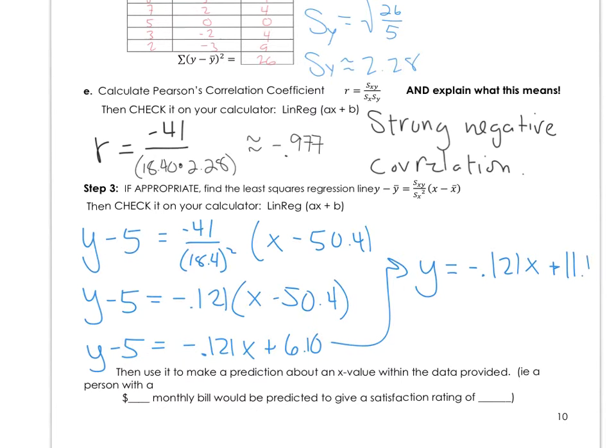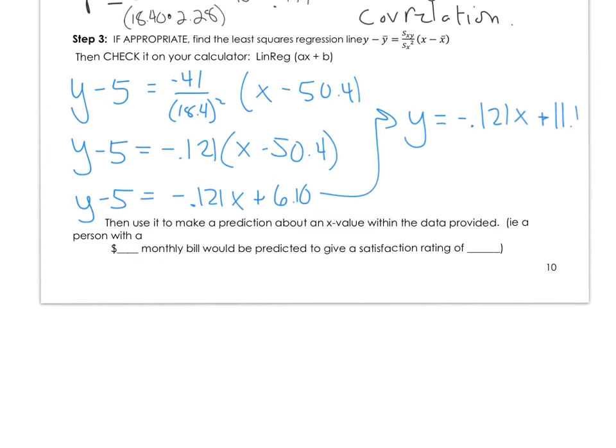So now the last thing, we're going to make a prediction. Use it to make a prediction about an x value within the data provided. So for example, a person with a monthly bill, I want to interpolate here, so I'm going to pick a known value. I'm going to say something like $50. I'm simply going to plug that in for x, and I'll say y is equal to negative 0.121 times 50 plus 11.1.